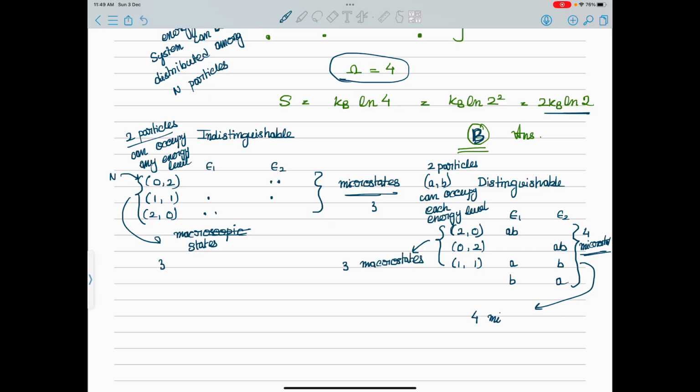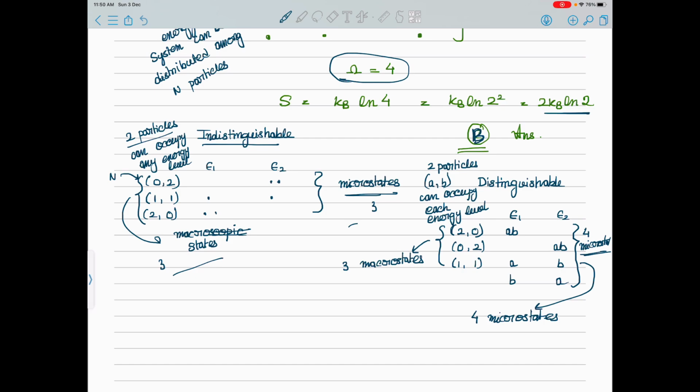So for distinguishable particles there are 3 macrostates and 4 microstates, but for indistinguishable particles under the same condition we have 3 macrostates and 3 microstates. This is the general difference between macrostate and microstate.